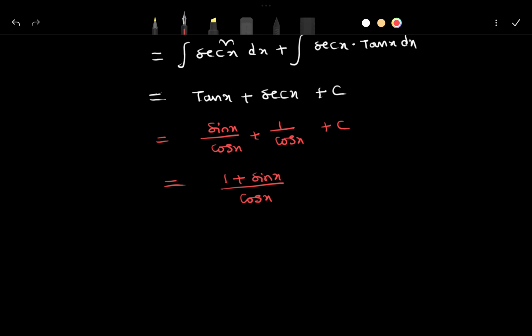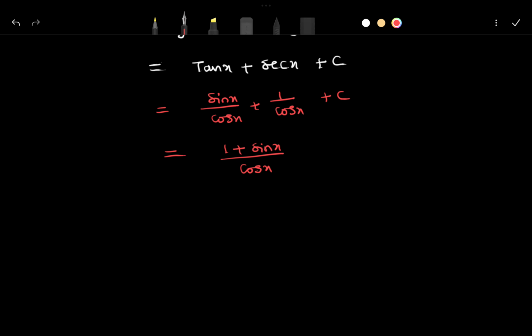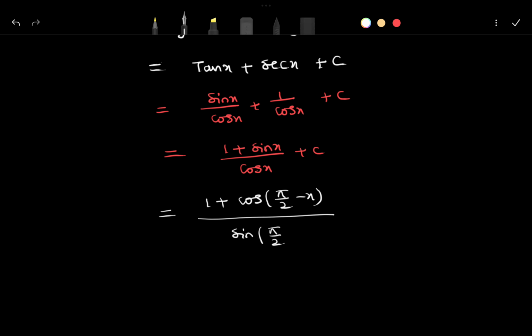I hope everyone is clear. Now, after this, sine is converted in terms of cos, and cos will be converted into sine. You know 1 plus sin x can be written as 1 plus cos of (pi by 2 minus x), and cos x can be written as sine of (pi by 2 minus x), plus c.